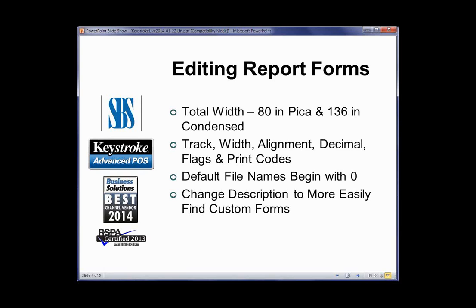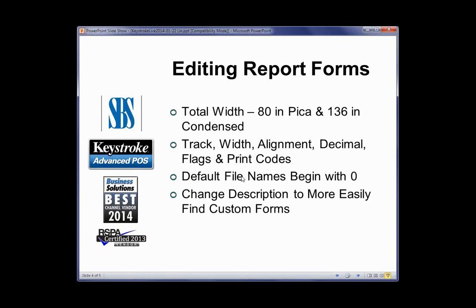And there are some fields besides the field that you want to print. The things you need to look at are the track, the width of the field, the alignment, decimal places if it's a number field, and then flags and print codes.